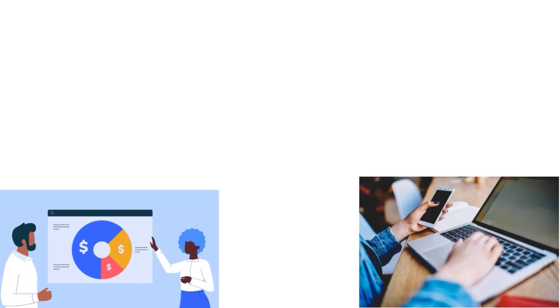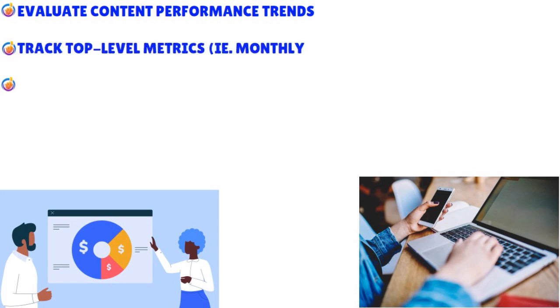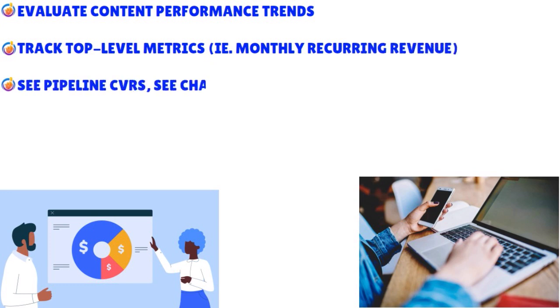If you are a CMO, you will instead need to evaluate content performance trends. You might need to track top level metrics, for instance, monthly recurring revenue. You might need to see a pipeline's CVRs, or you might need to see channel CVRs. So your needs are different depending on where you position yourself in the content creation spectrum.